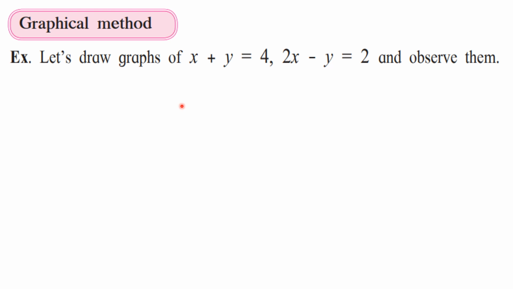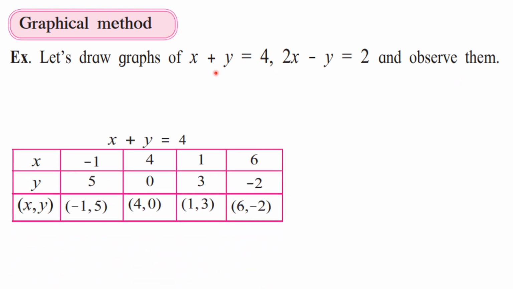We will discuss the solved example only, where they have given the simple equations x plus y is equal to 4 and 2x minus y is equal to 2. So we have to draw the graphs of these two equations and then observe.